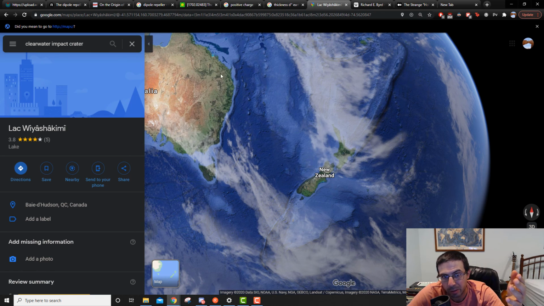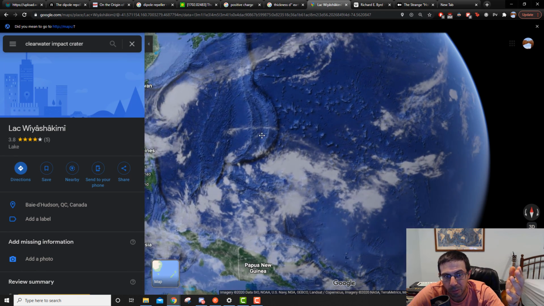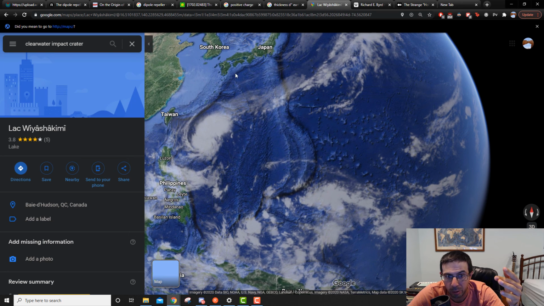So another thing, just like in the Mariana Trench where there's the shadow imprint of the wave of energy reflecting off of China and then bouncing back, presumably, and then creating this Mariana Trench with an imprint of its motion en route.